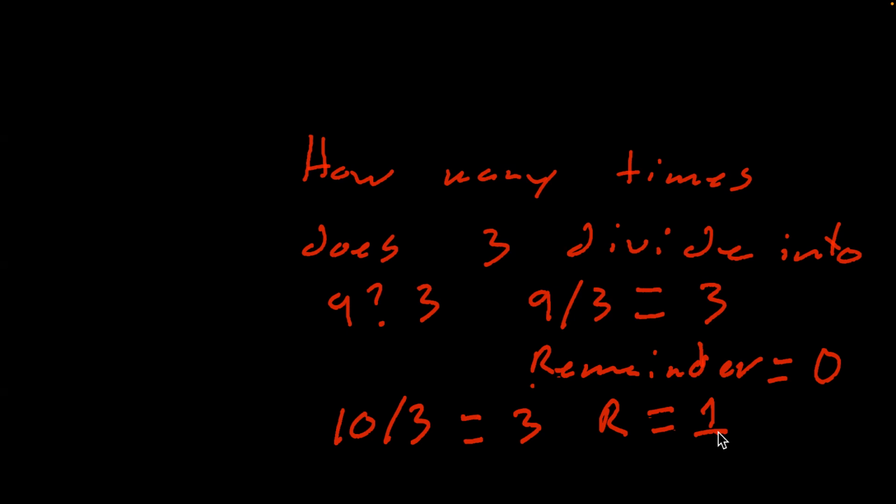How many times does it divide into the number, and what is the remainder that you receive at the end? By that remainder, you can check if it is a multiple of that number or not. If the remainder is 0, then 3 is a multiple of 9, or 9 is a multiple of 3.